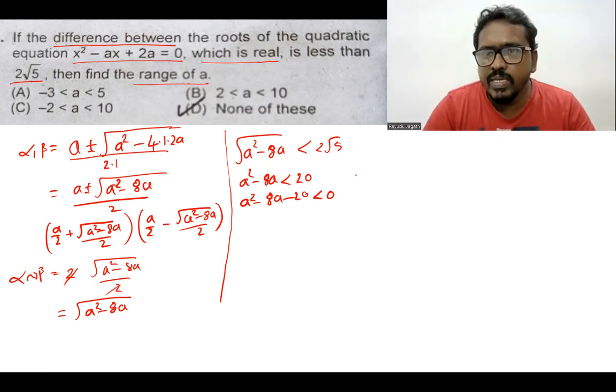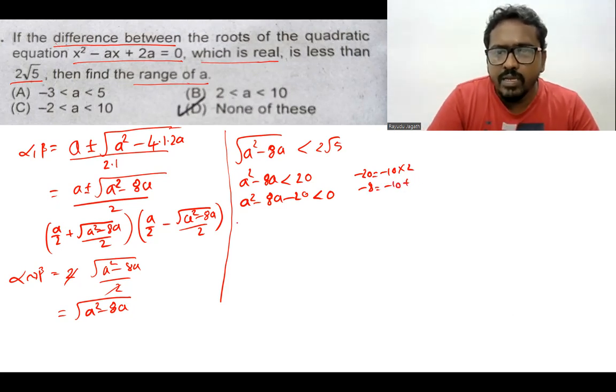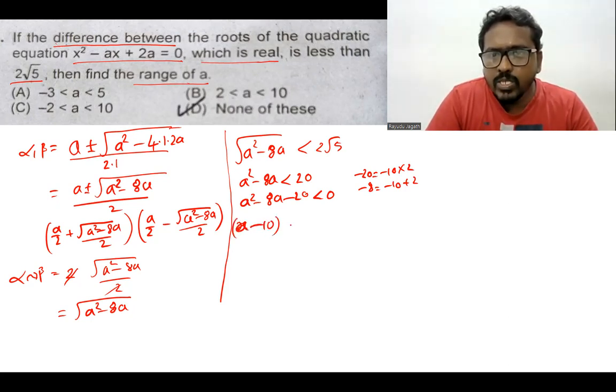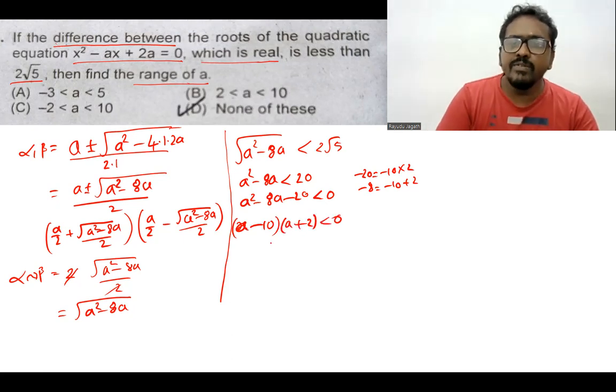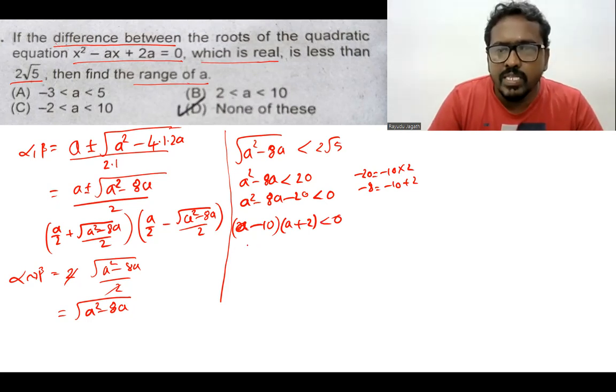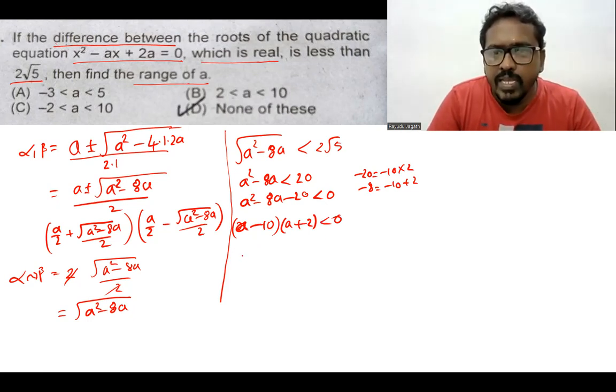Minus 20 can be written as minus 10 into 2, and the middle term minus 8 is minus 10 plus 2. So the factors are (a minus 10) into (a plus 2) less than 0. From this, a will be lying between minus 2 and 10. So minus 2 less than a less than 10.